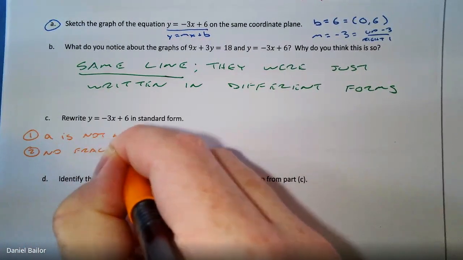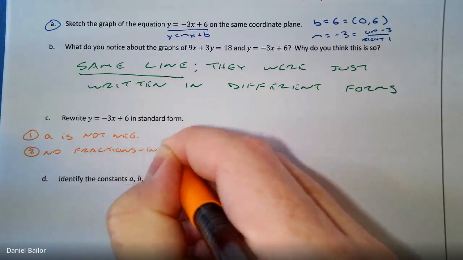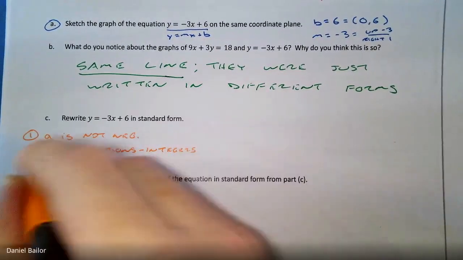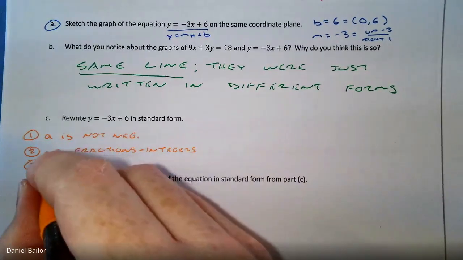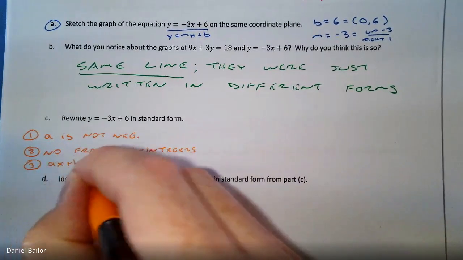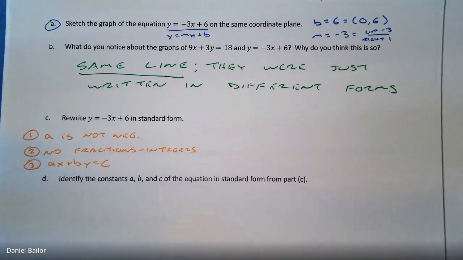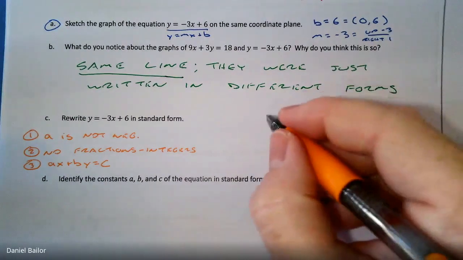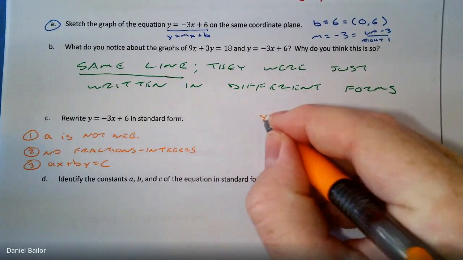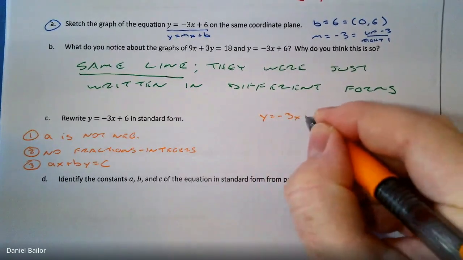We have integers only. And rule 3, standard form is Ax plus By equals C. So those are the 3 rules we have for writing in standard form. So let's write this in standard form. y equals negative 3x plus 6.